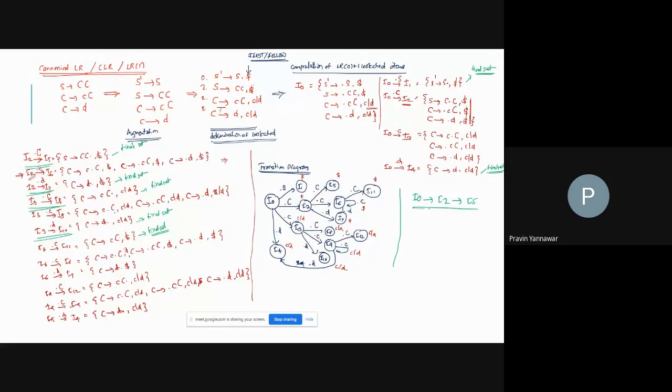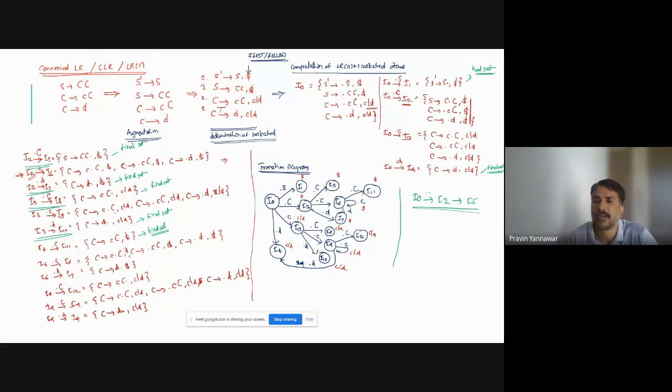Okay, so what is I0, I2, I5? I0 with capital C, this is with again capital C. What is the outcome here? It is CC dot. Okay, but CC dot with what? With followed by dollar.